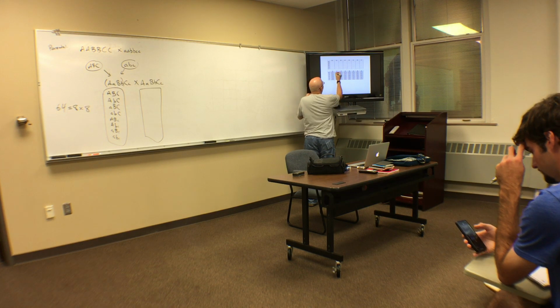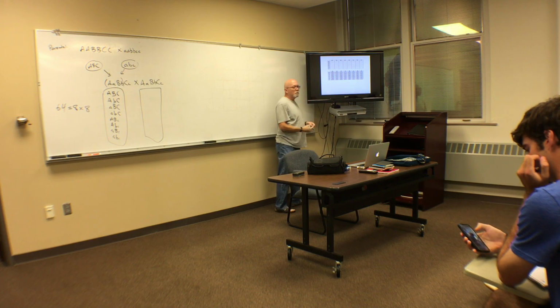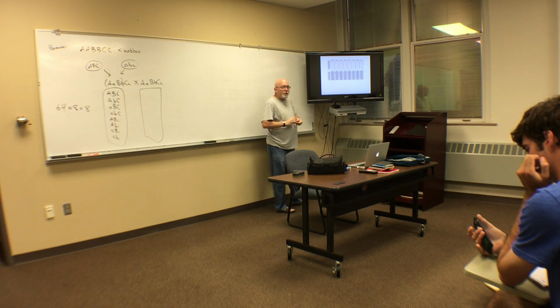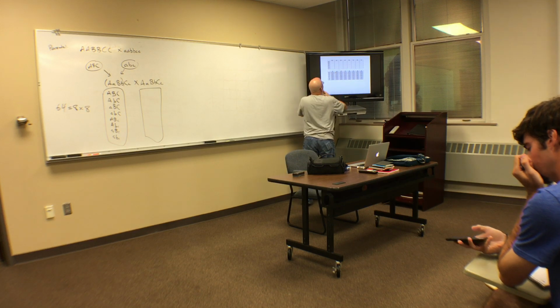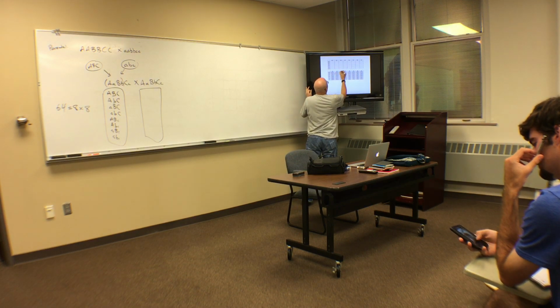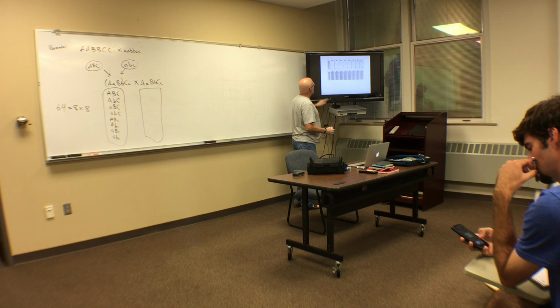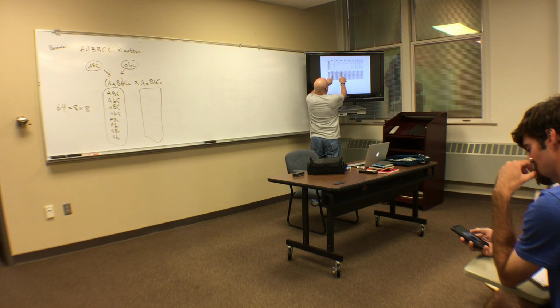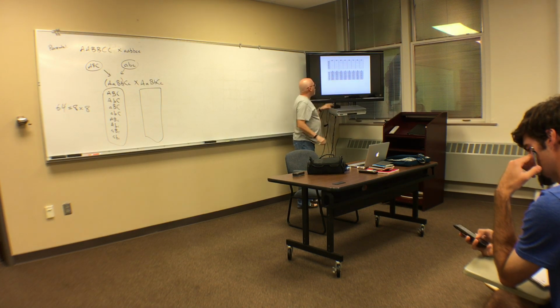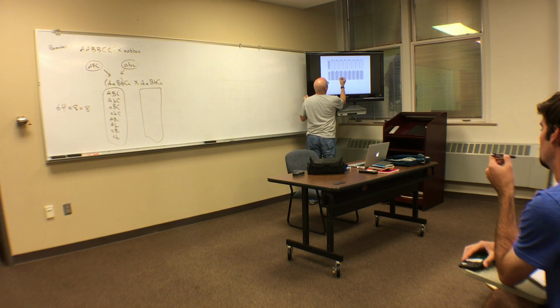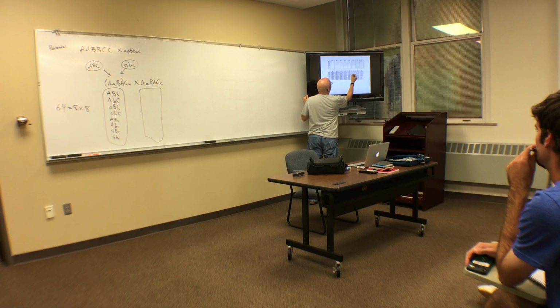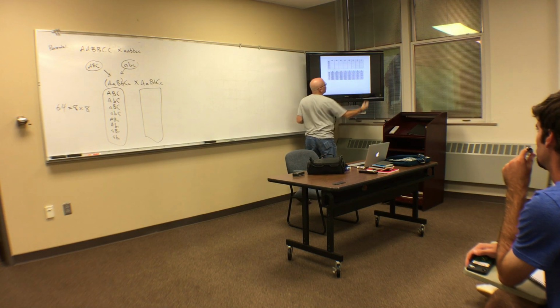What do you notice about this diagonal? Same genotypes. What do you notice about this diagonal? 2 to 1. 2 of those, 1 of those. What do you notice about the big diagonal going all the way across the middle? They're all the same.